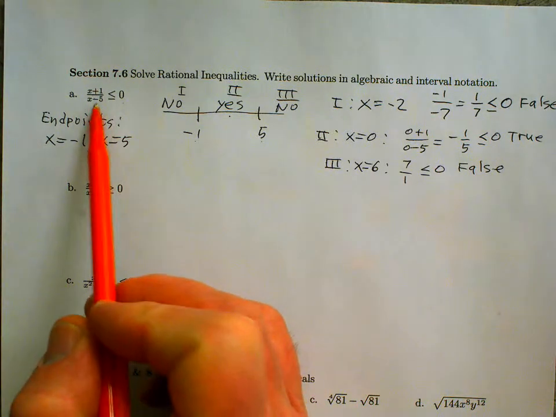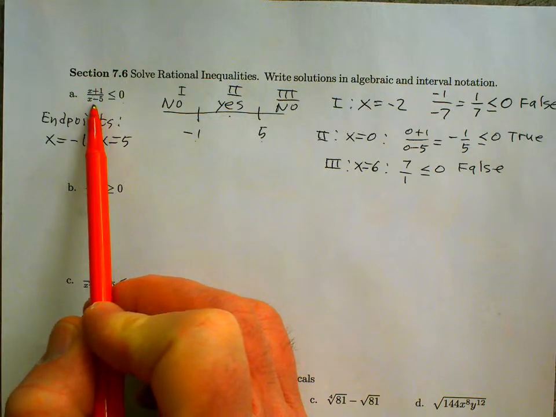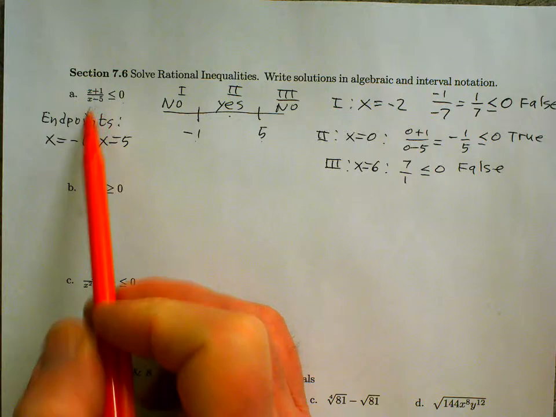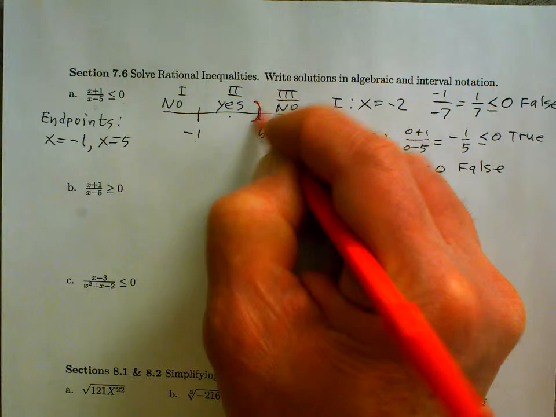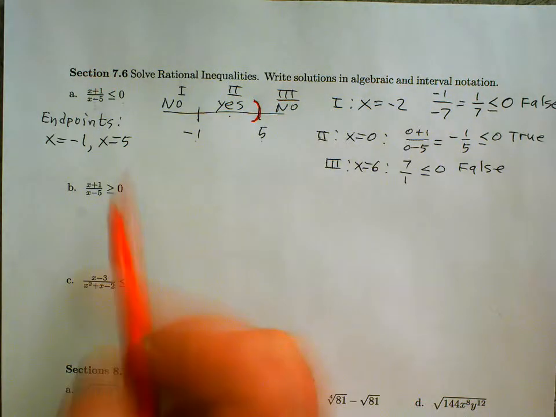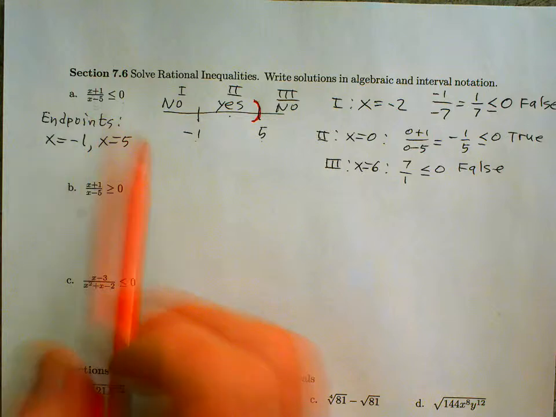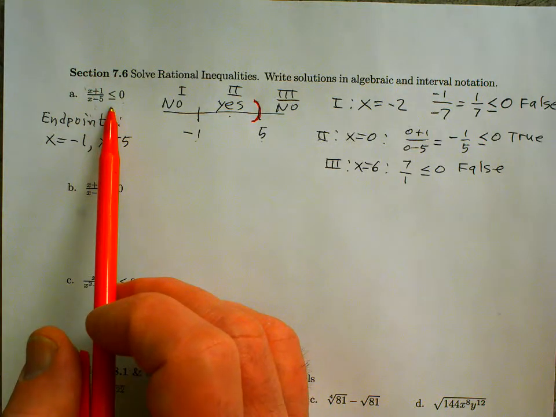Remember, endpoints that come from the denominator are never, ever included in the solution set because division by 0 is undefined. So we exclude 5, but the other endpoint, if we replace every x with -1, we'll end up with 0 less than or equal to 0, which is true.